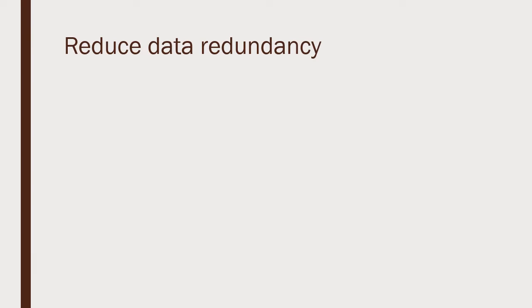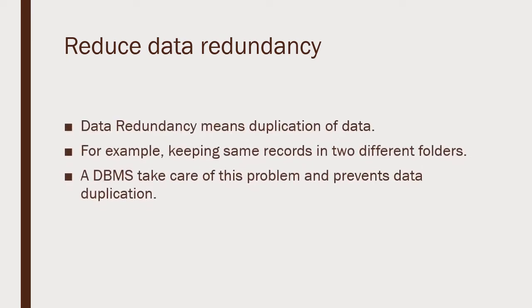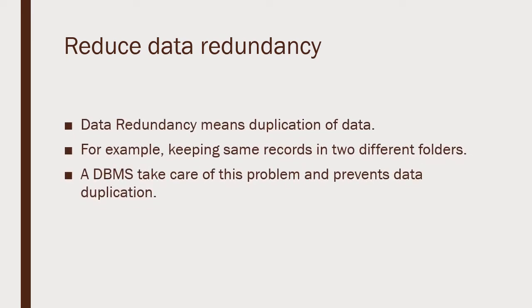Reduce data redundancy. Data redundancy means duplication of data. Duplication of data means the same data occurs many times. For example, keeping the same records in two different folders. Suppose you created two folders, and in both folders you have kept the same records.